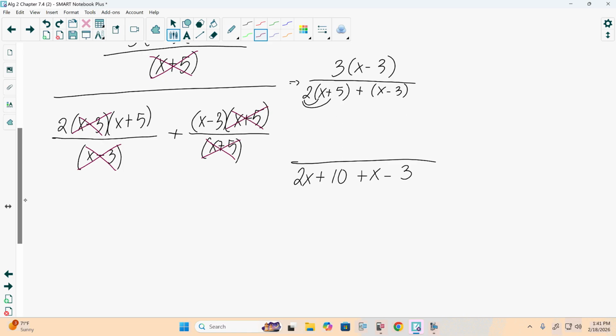Now we can factor the numerator, we can multiply through by 3, but are there going to be any terms that we need to combine with it? Well, no, it's already one expression, it's already in factored form, yes? So we could multiply it out and say 3x minus 9, but if there's going to be something in common on top and bottom, we need it to be in factored form, which means we would have to factor out the greatest common factor of 3, which is going to be what? 3 times x minus 3.